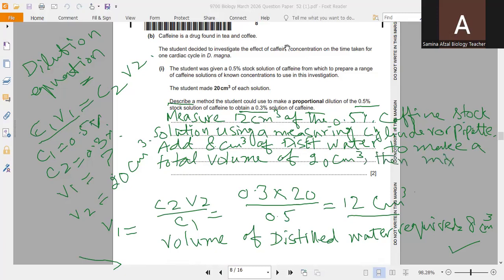Then mix thoroughly to obtain a 0.3% caffeine solution.